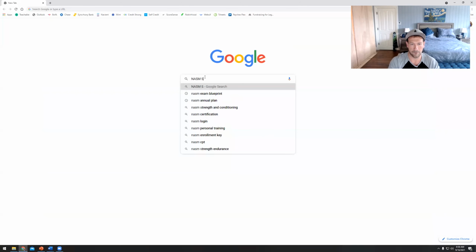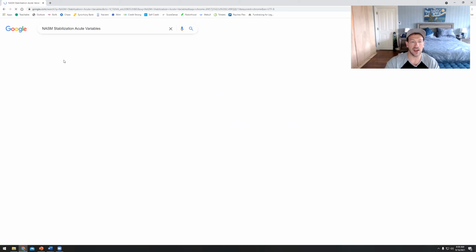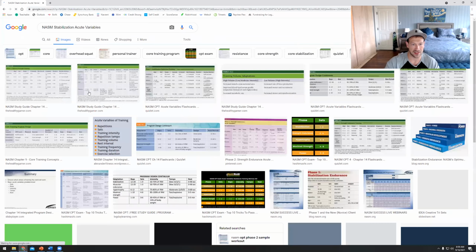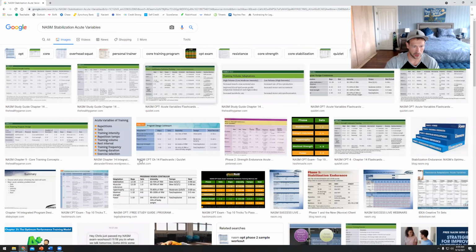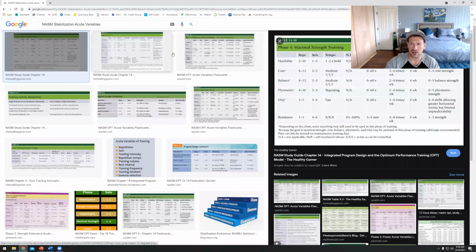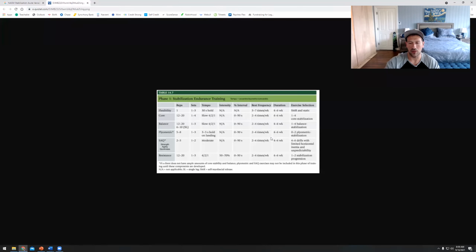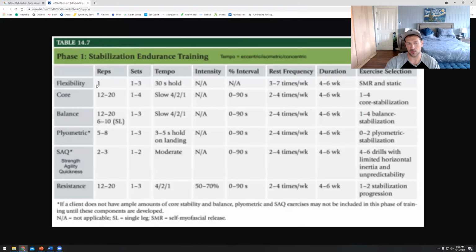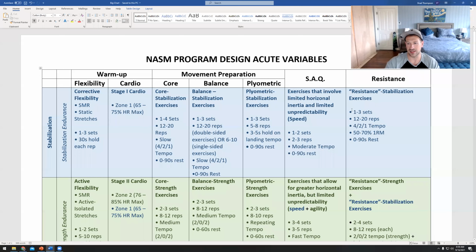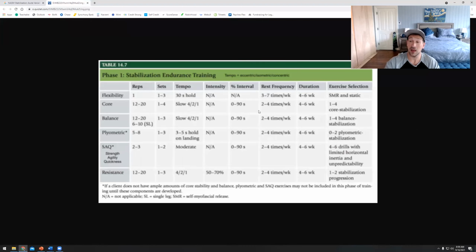You will find this chart in your book. It's not green. Yours will be blue because this edition is blue, but there's max strength, power, and stabilization. So this is the chart for stabilization. We just took this and laid it out this way instead. It's going to be on page, if I'm not mistaken, I want to say 371.